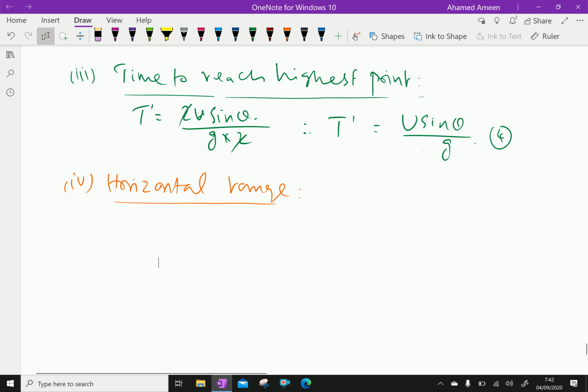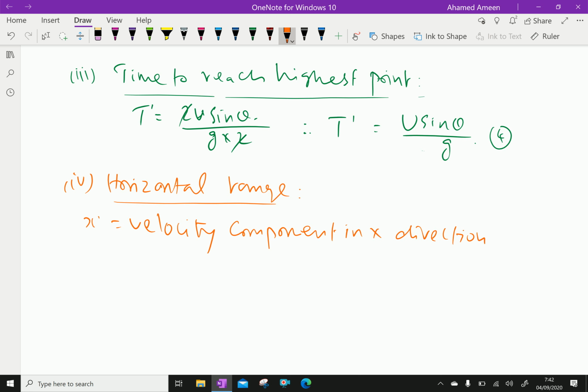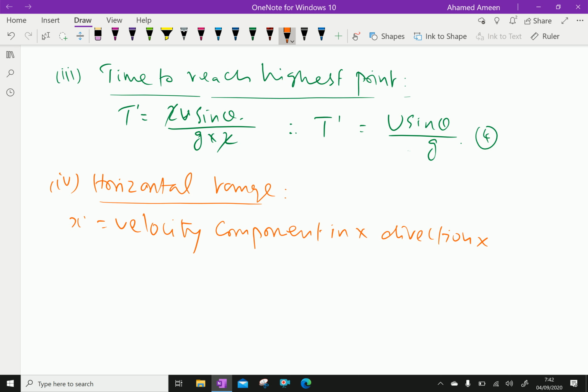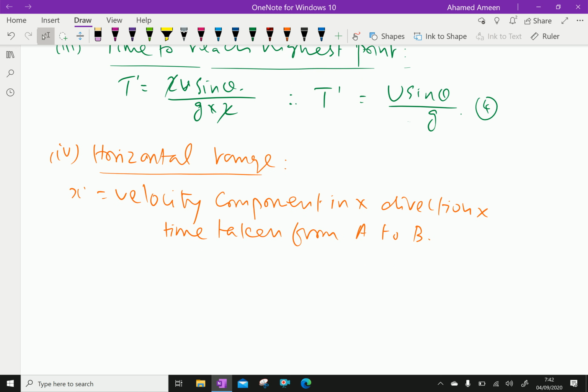For the horizontal range, let the velocity component in the x direction be multiplied by the time taken by the particle from A to B, that is the total time.